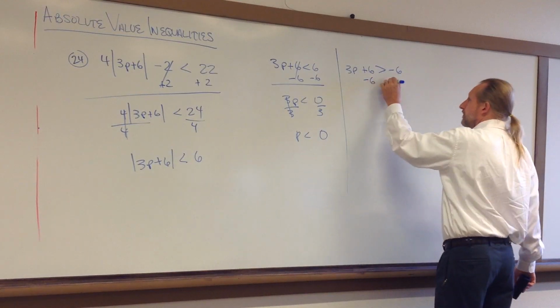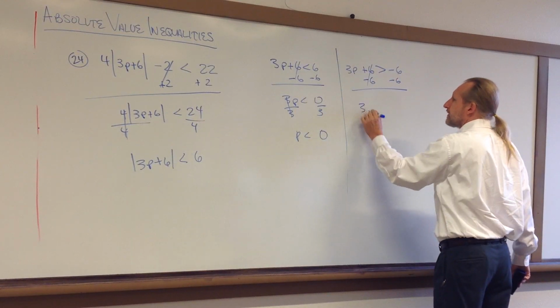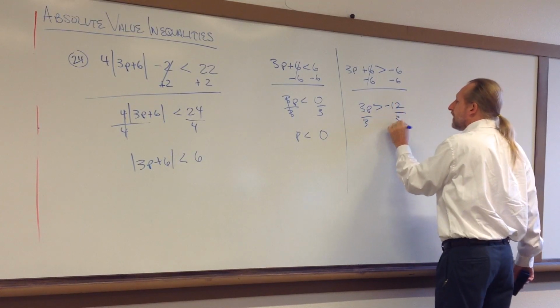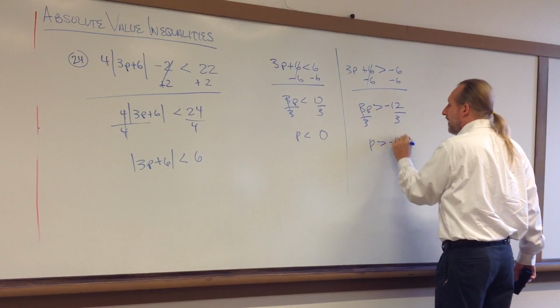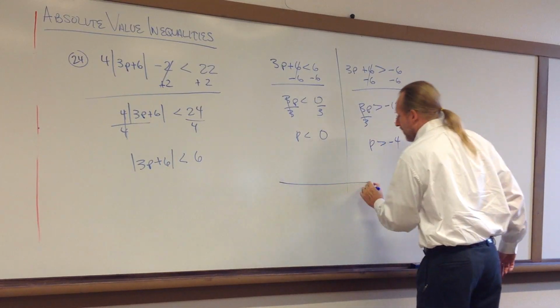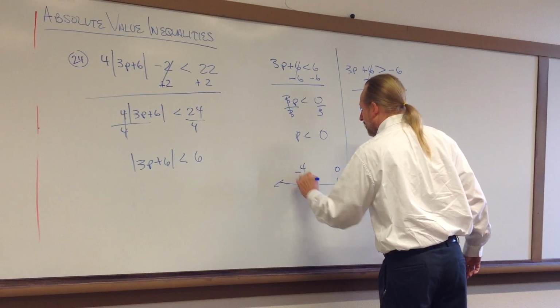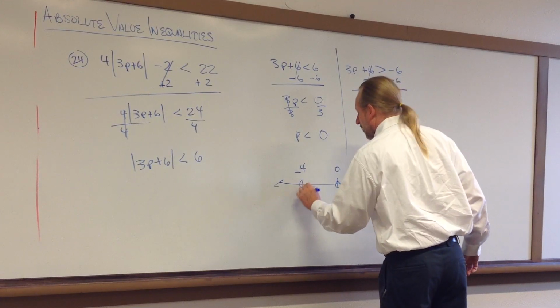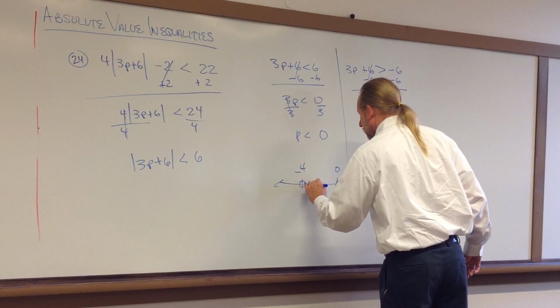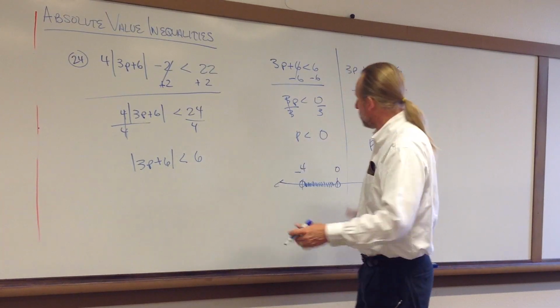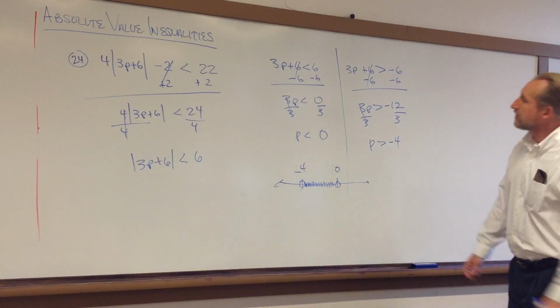Over here, subtract the 6 on both sides, and then divide by 3. And we get p greater than negative 4. And so now, if we want to put this on the number line, let's see, less than 0, but greater than negative 4. And double check, this is a less than problem. That means we want that interval.